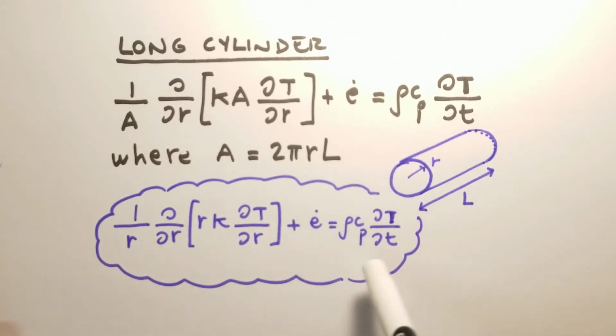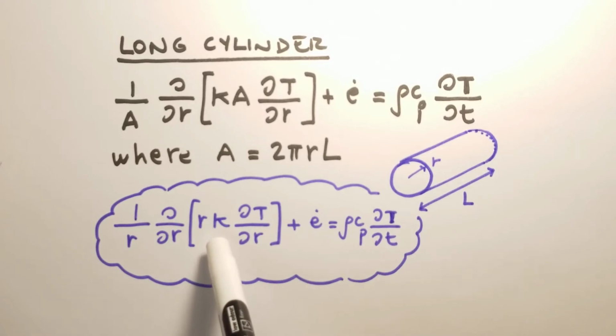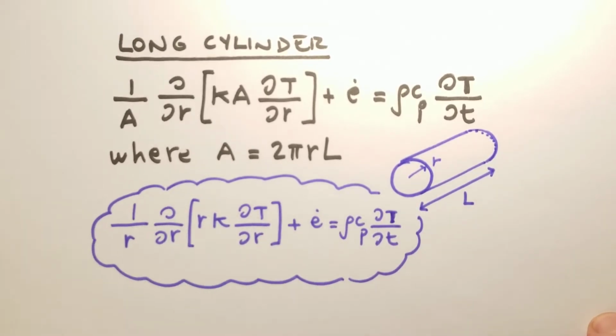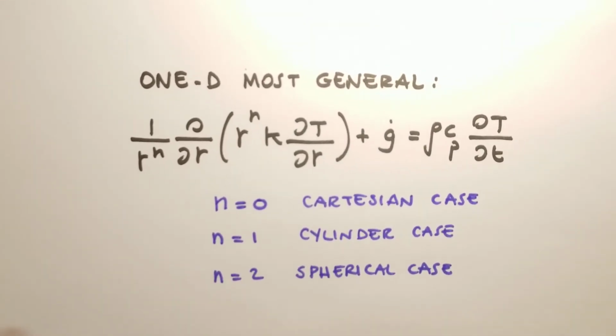So this is the equation in cylindrical coordinates for heat generation one-dimensional unsteady. And we have the K that in general can depend on the radius. We can do exactly the same exercise for a sphere, where the area will depend on the radius squared.